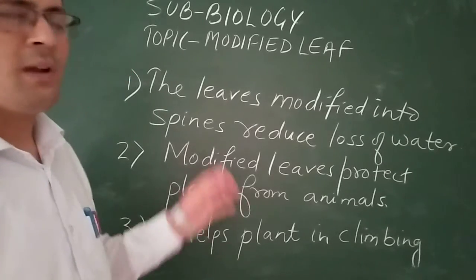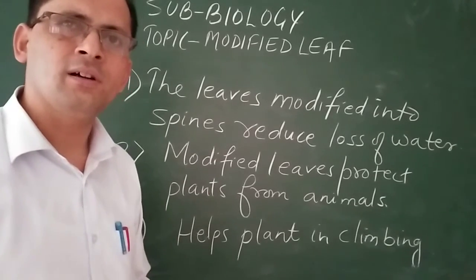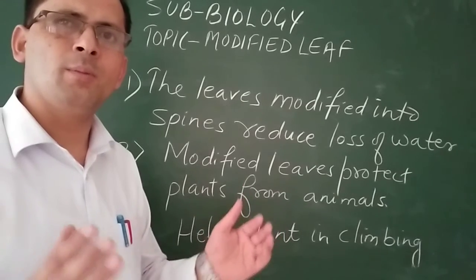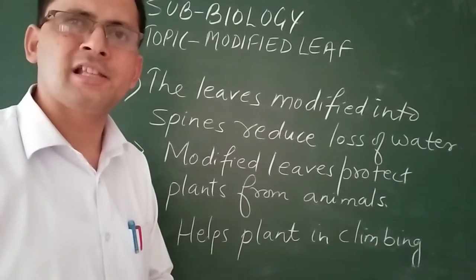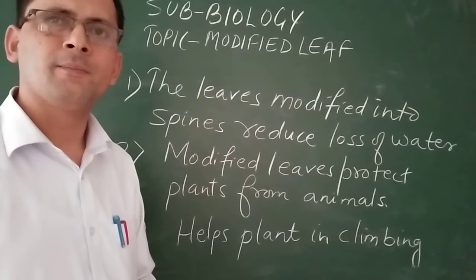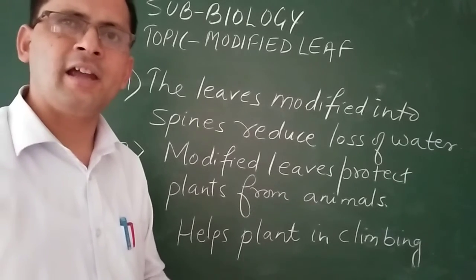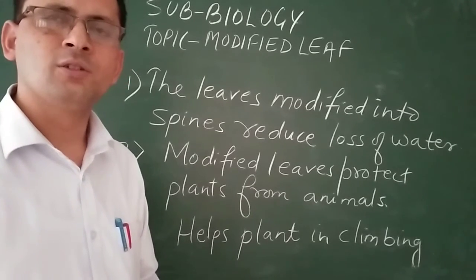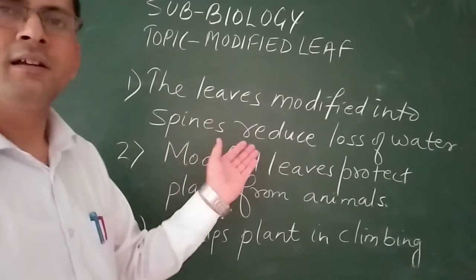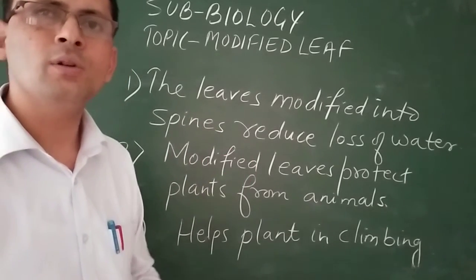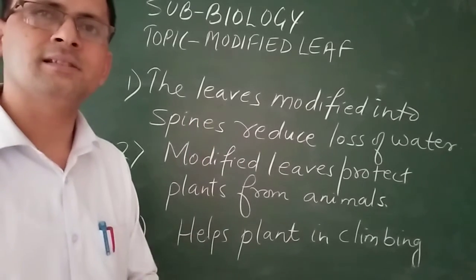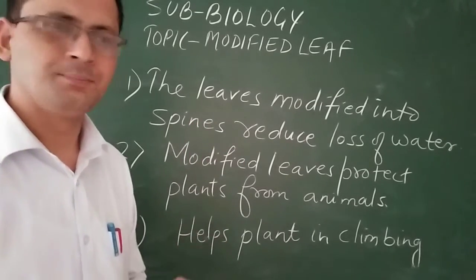So these plants already get less water, and if there were a simple leaf, there would be a greater rate of transpiration, more water would come out of the body of the plant, and the plant would dry up and die. So just to reduce the loss, the leaves in cactus are modified into spines. For this first point, cactus is the best example.